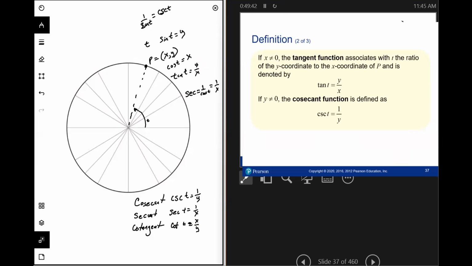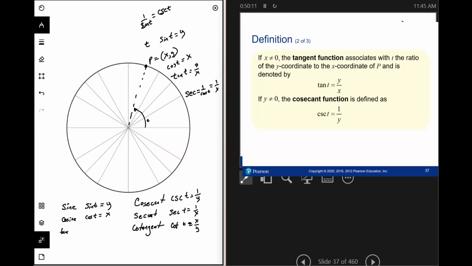So I'm going to go ahead and write that over here: sine, written as sine of t, equals y. Cosine, which is written as cosine t, equals x.